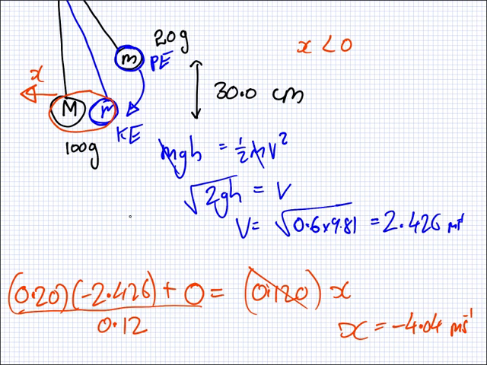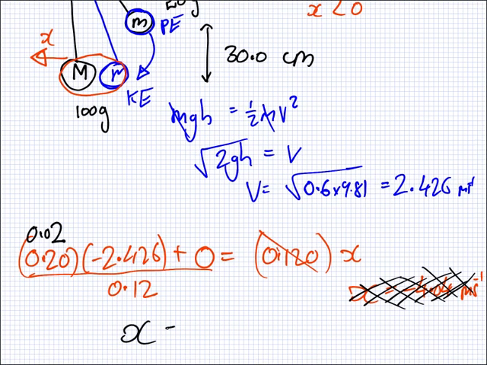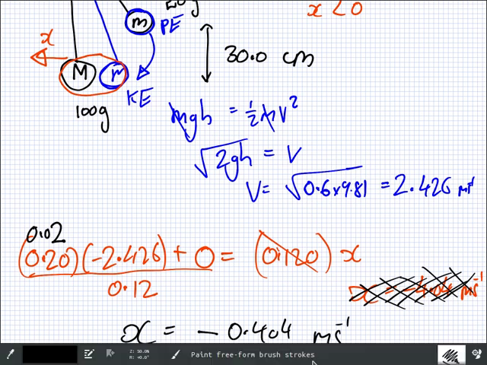Oh, bad teacher. 0.02, yeah. 20 grams, not 200 grams. Bad teacher. No lunch for you today. Right. What's it now? Minus 0.04. Which is what Dorian said is the answer. Yeah?